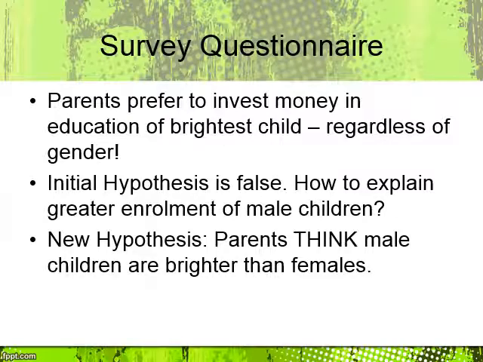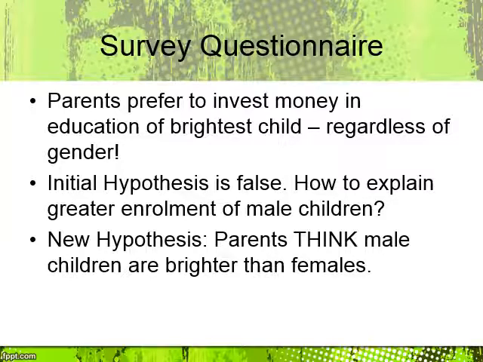A large-scale survey administered to the parents came up with the surprising result that the parents prefer to invest money in the education of the brightest child in their family, regardless of gender. So whether it's male or female, whoever is the brightest child, the parents will try to educate that child. So the initial hypothesis that the parents don't want to educate girls, this is false.